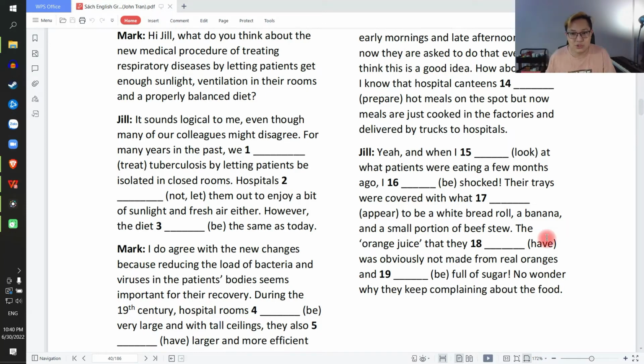The orange juice that they had was obviously not made from real oranges, and was full of sugar. No wonder they keep complaining about the food.